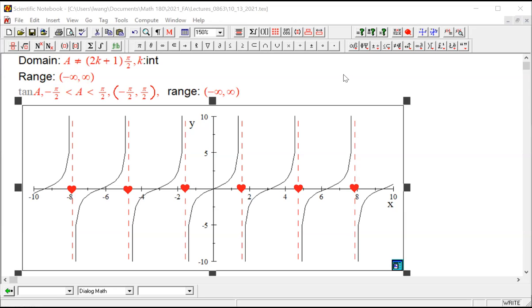Let me mark them. So this line is A. That line is B. That line is C. D. E. F.